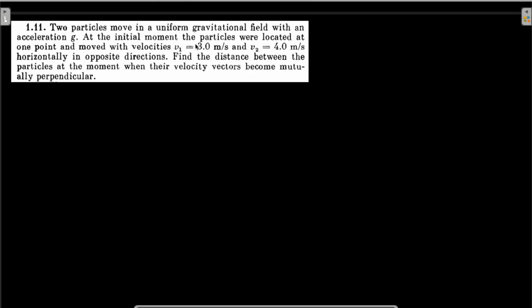At the initial moment, the particles were located at one point and moved with velocities v1 equals 3 meters per second and v2 equals 4 meters per second horizontally in opposite directions. Find the distance between the particles at the time when their velocity vectors become mutually perpendicular.